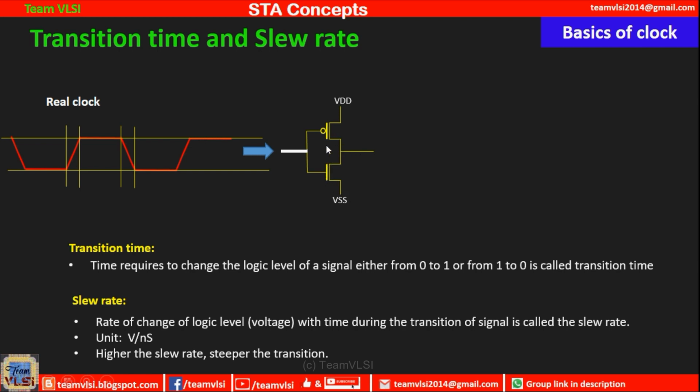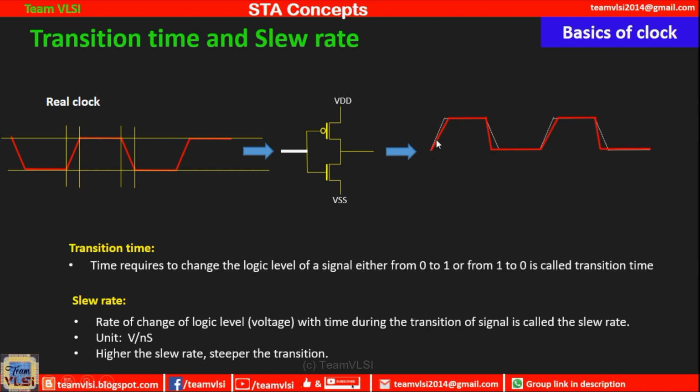Here I am considering the width of both NMOS and PMOS to be equal, which is how it is ideally drawn. So definitely this PMOS is slow, so it will take more time to charge your load, and less time to discharge it. Ideally the output should look like this, just inverted from the input, but in reality your output will look like this.